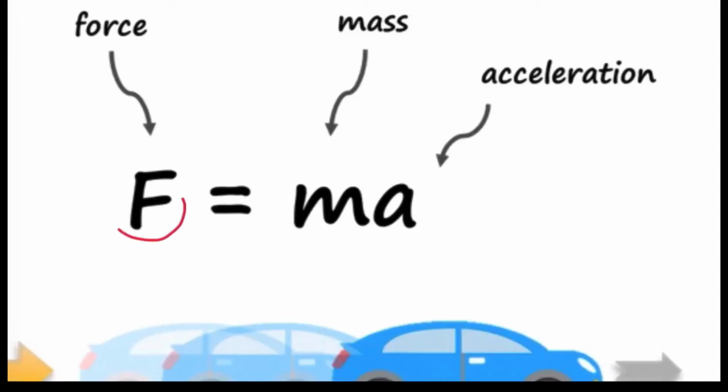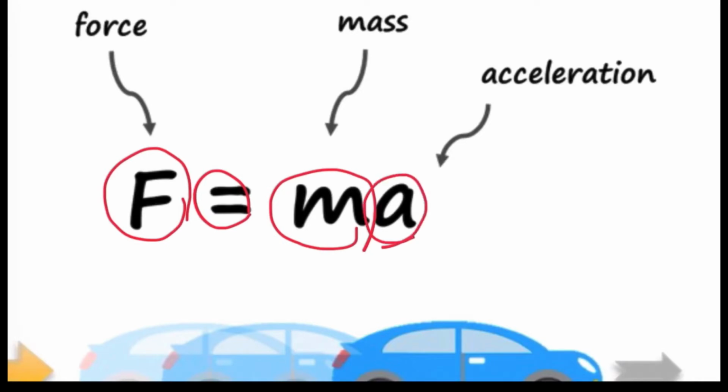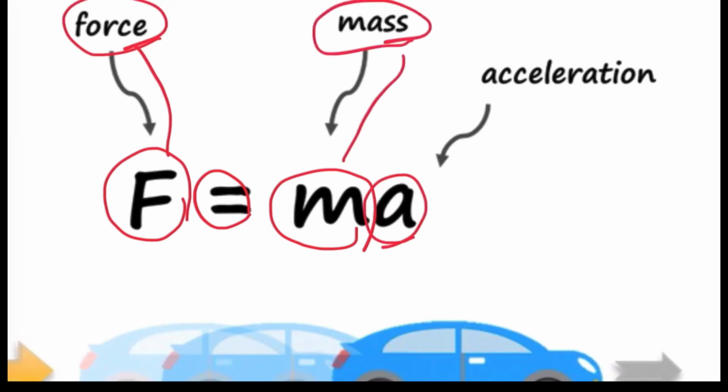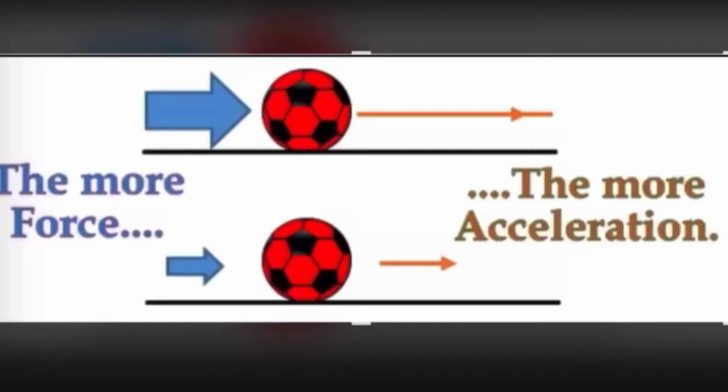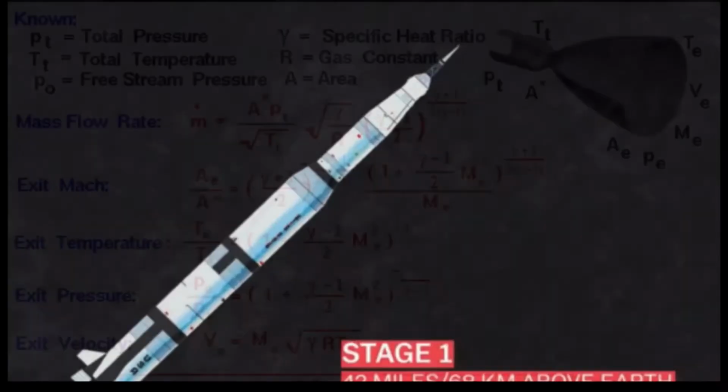So, keep in mind that F equals ma. F is the force, m is the mass of the object, and a is the acceleration. Another thing that is important is that the more force you give to the object, the more acceleration.